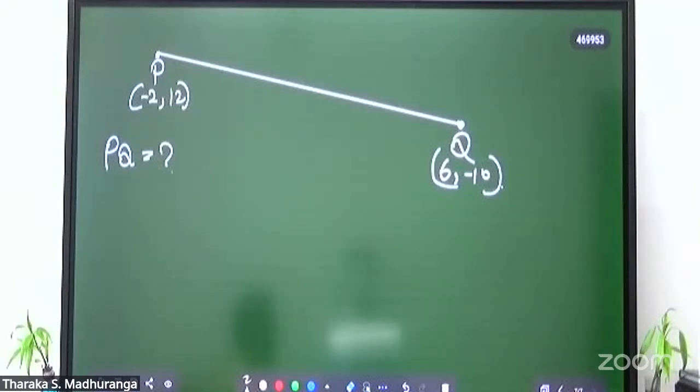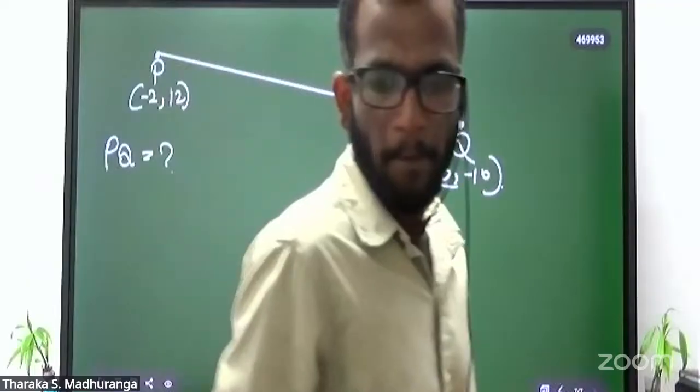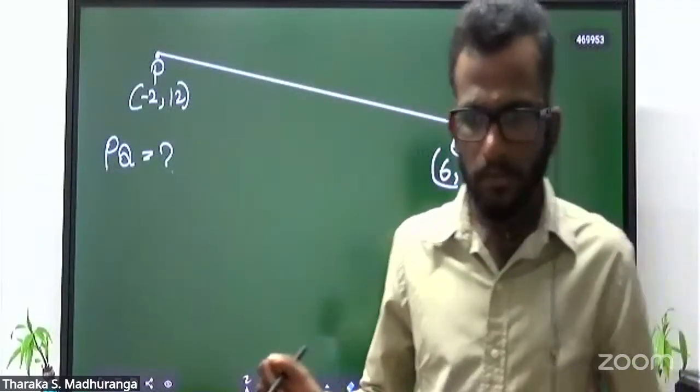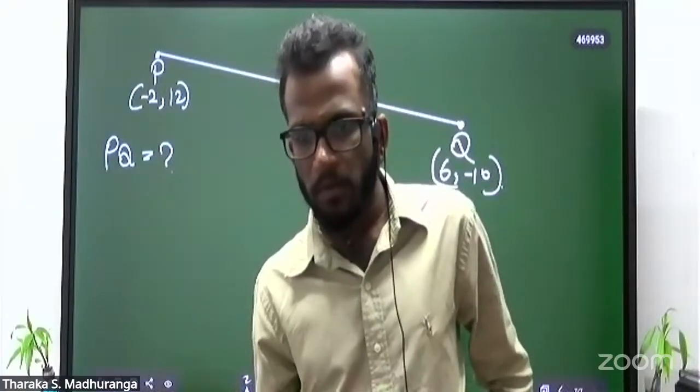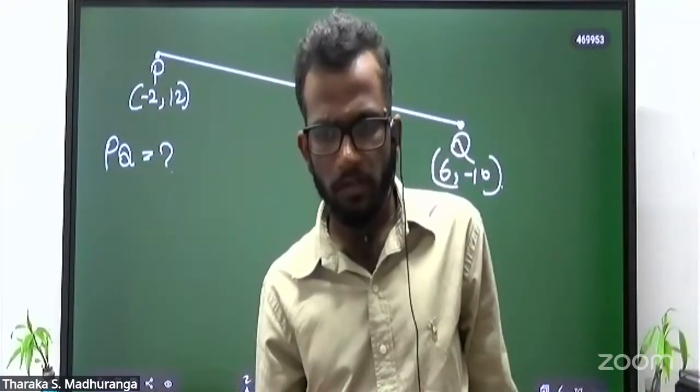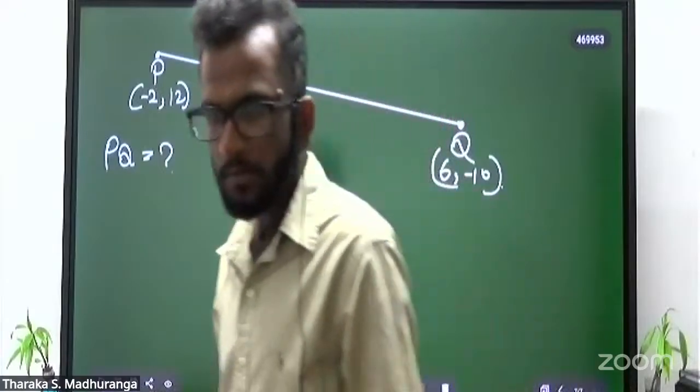Okay, we'll see different answers. Good. Okay, any other answer? Square root 548. We'll see.